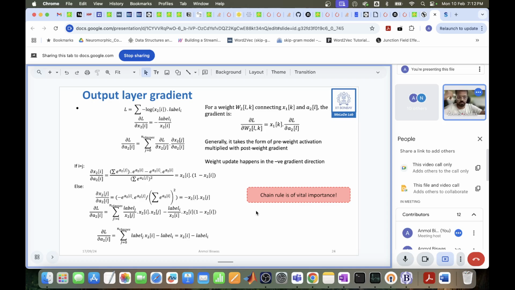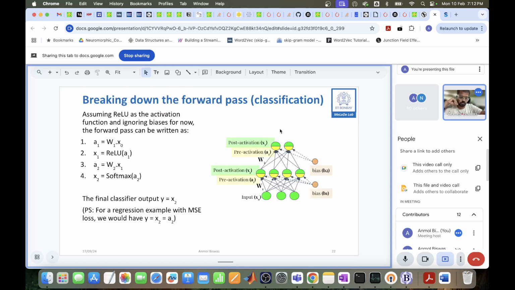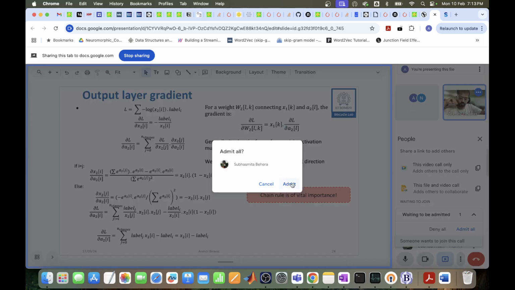So in this very simple example, there are only two layers for which we have to compute the gradients. First, of course, we'll have to compute the gradient for the output layer, and this is a little bit tricky. Like I said, we'll go through it step by step.